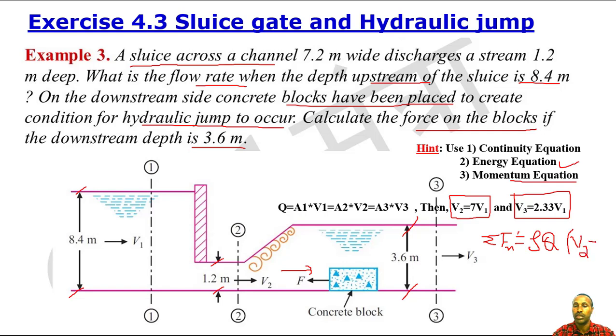Or sometimes you can use just the pressure. You have to draw the pressure distribution like this at this point, and also at this point you have the same, and at this point again you have. So you have hydrostatic pressure, so just the net force, the net force you have F, then finally you can compute this force.